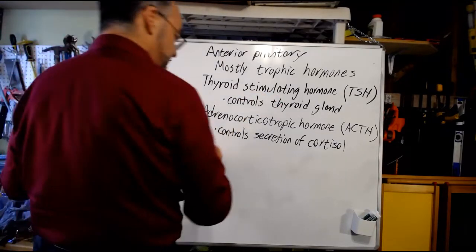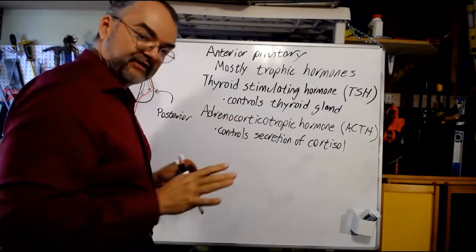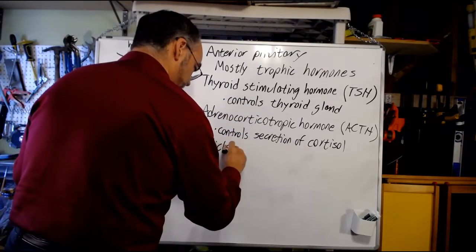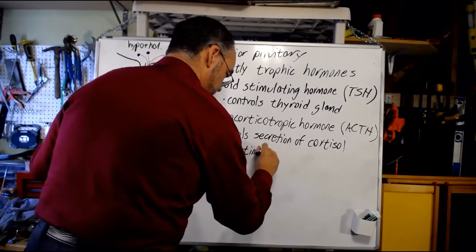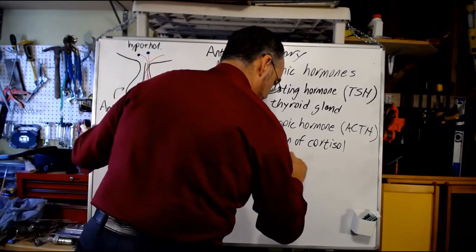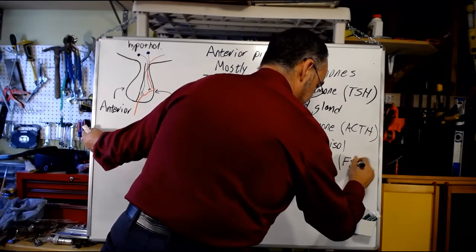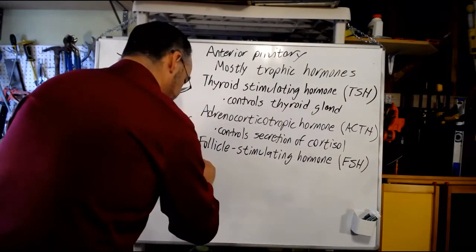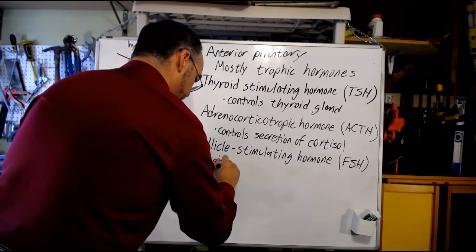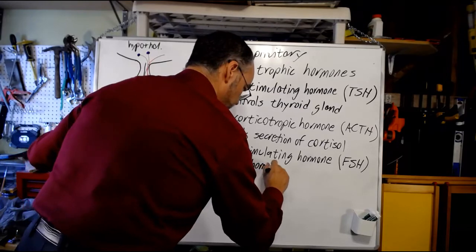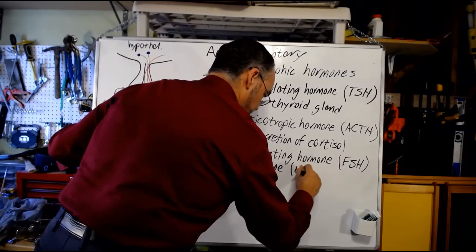It secretes two hormones that affect the reproductive system. Follicle-stimulating hormone, known as FSH, and luteinizing hormone, also known as LH.